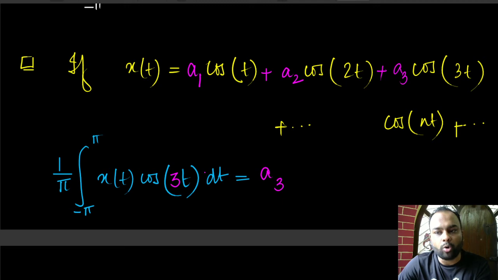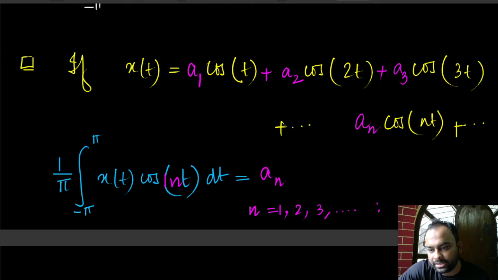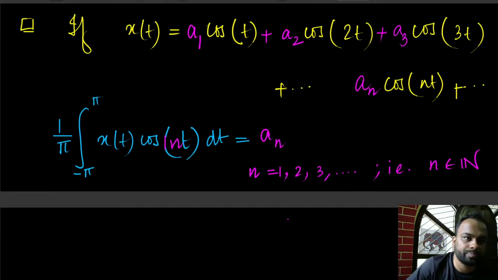Similarly, in order to find out the amplitude of the n radian per second cosinusoidal component, we can simply multiply the signal with cosine nt, and the result I get would be the coefficient of the n radian per second cosinusoidal component. Again, n here is from 1, 2, 3, and so on. That is, n belongs to the set of natural numbers. So please let me know if you can follow.